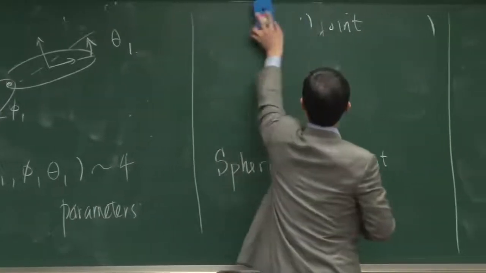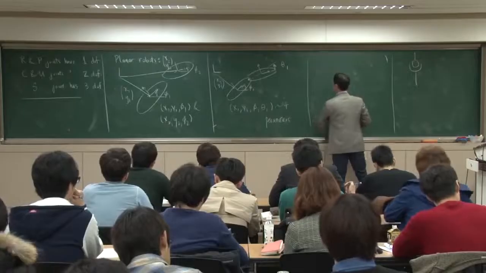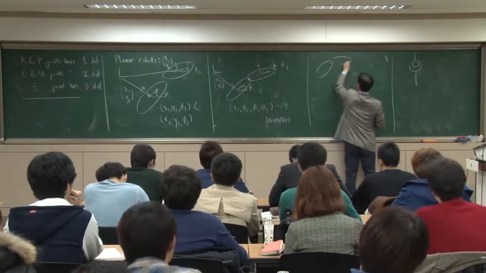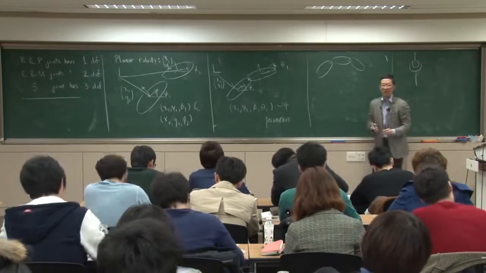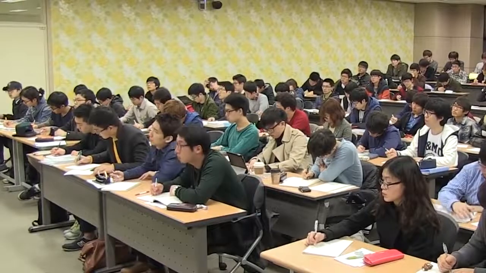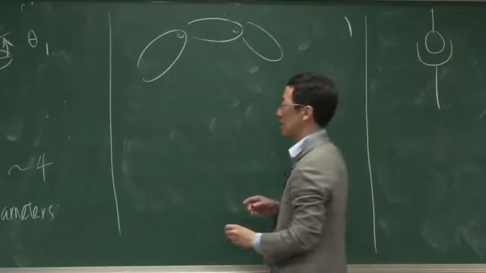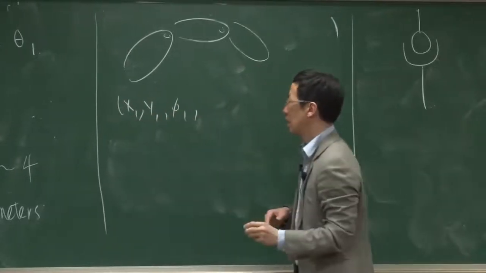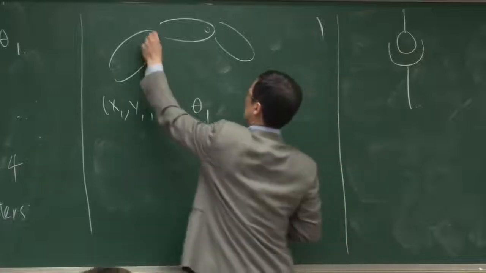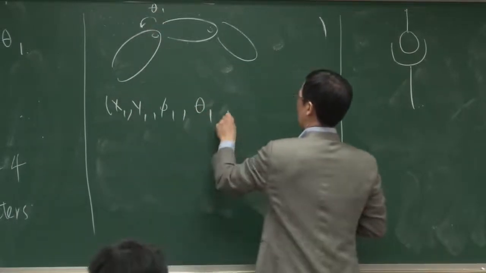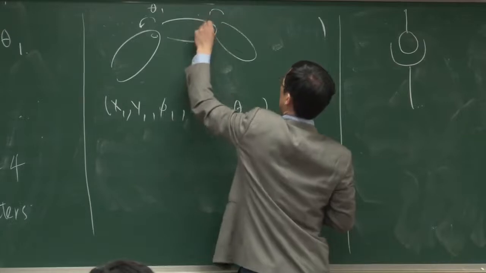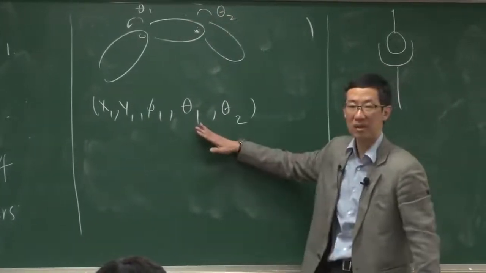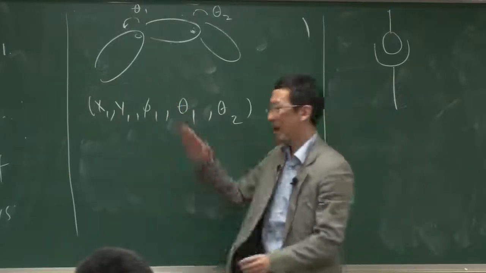And we can add another link, play this game. How many parameters do we need? We need y1, phi1, theta 1, which is this angle, and we also need theta 2, which is the amount of rotation about that angle. So we need 5 parameters here. You see the pattern here?